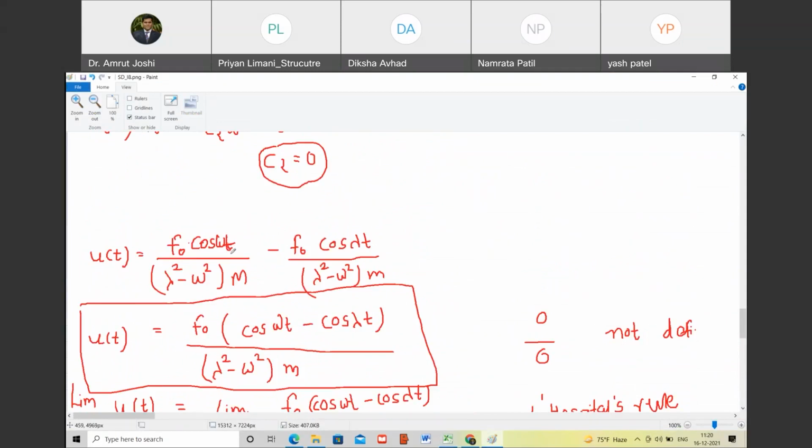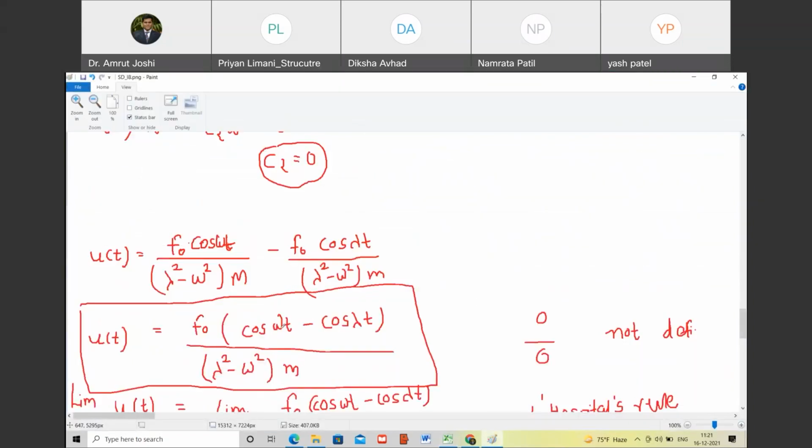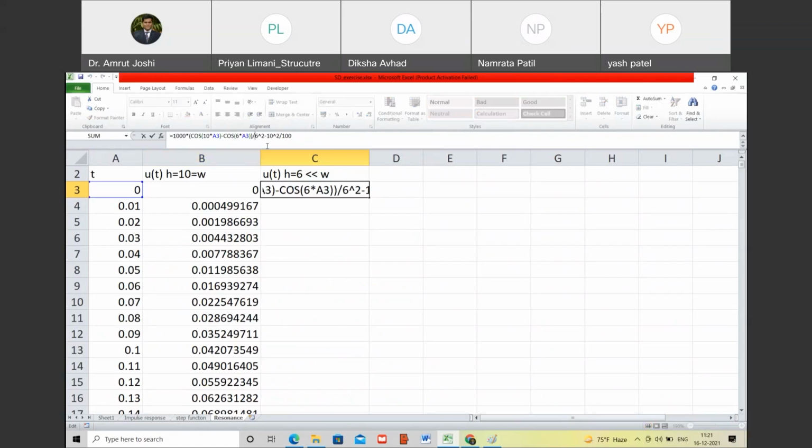F0 cos omega t, when t is 0, this becomes 1, this becomes 1. So F0 minus F0, yes. So there is some problem. 10,000 into cos omega t minus cos. Okay, so in the denominator this is in a bracket. Forgot that bracket. One minute. Now it should be the case.